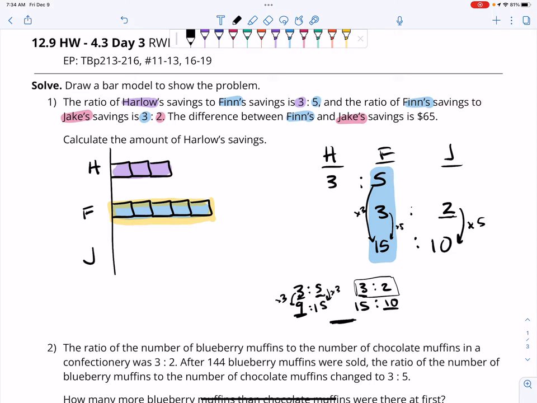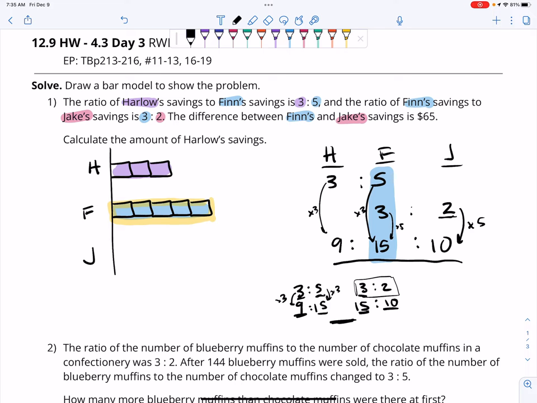And so now I have a 9 to 15 ratio. And so because Finn's value here is 15 units, 9 to 15 and 15 to 10, I can combine into one ratio of 9 to 15 to 10. We have that overlapping term with Finn that allows us to combine those two, and now we can compare across all 3 terms in this ratio pretty easily.